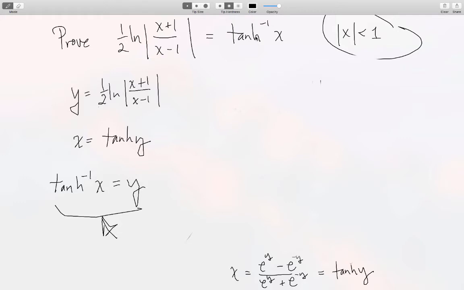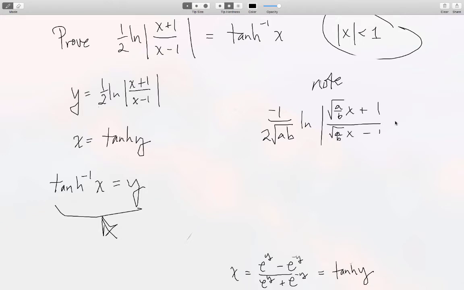So that establishes this equality. Let me go back and address one thing, that this is actually a condition that's met within the context that we were dealing with. If you look at, I had something that looks like -1 over 2 square root AB ln of square root a over b x plus 1, and on the bottom I have the square root of a over b x minus 1.